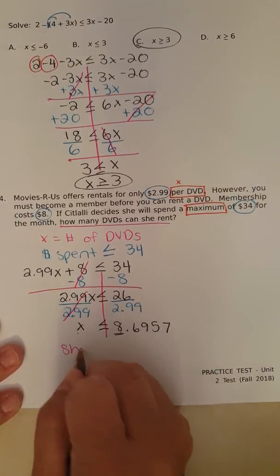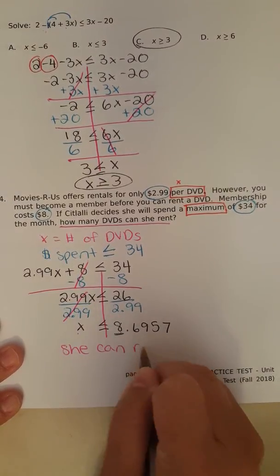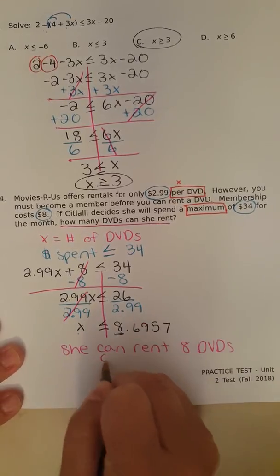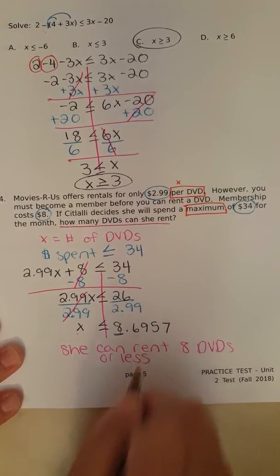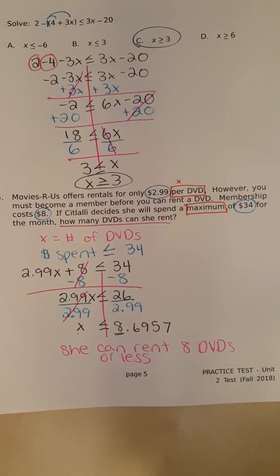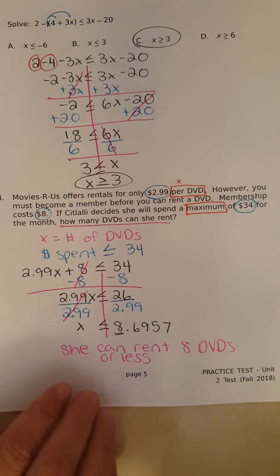So she can rent 8 DVDs or less. Okay, and that doesn't include the decimals. It doesn't include negatives. She could rent 0, 1, 2, 3, 4, 5, 6, 7, or 8 DVDs. Those are all her options.